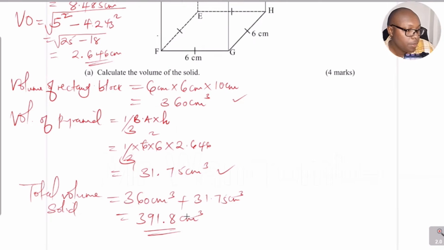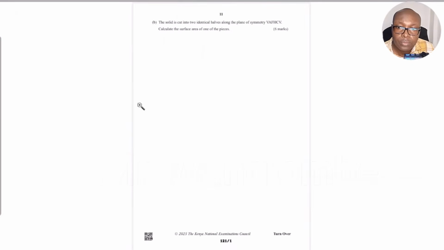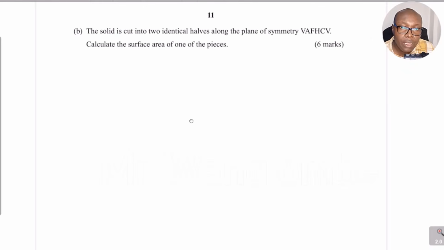We go to the next part. Part B. The solid is cut into 2 identical halves along the plane of symmetry VAFHC. Calculate the surface area of one of the pieces. So the solid is cut into identical halves along the plane of symmetry.